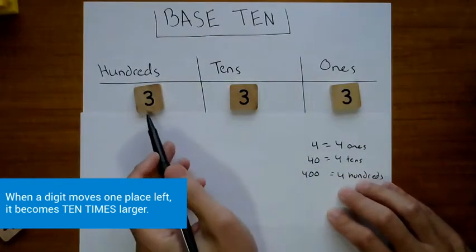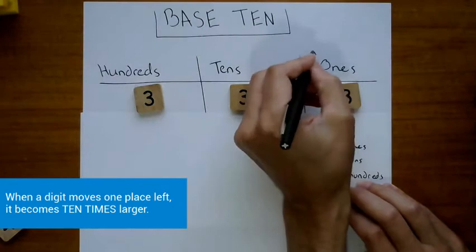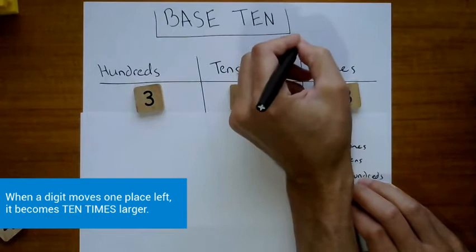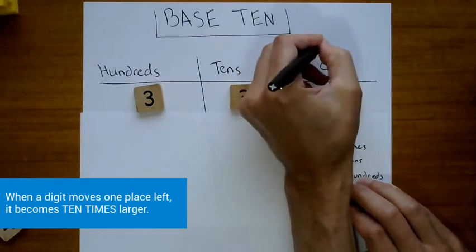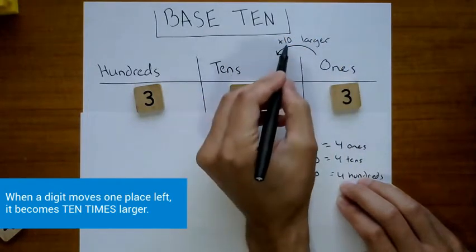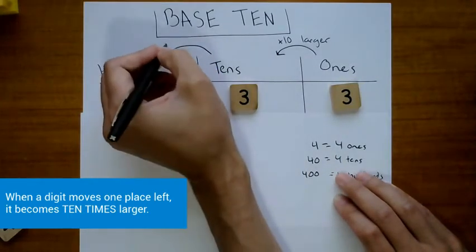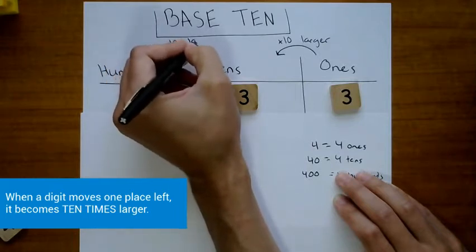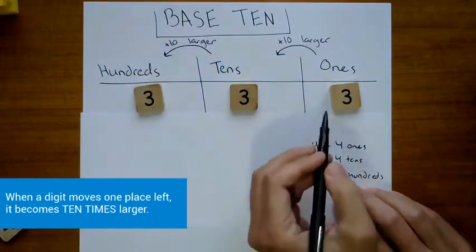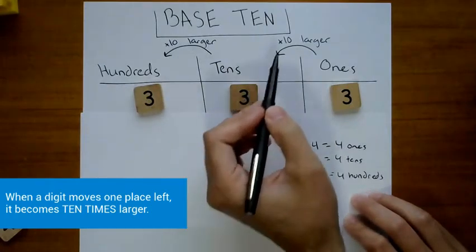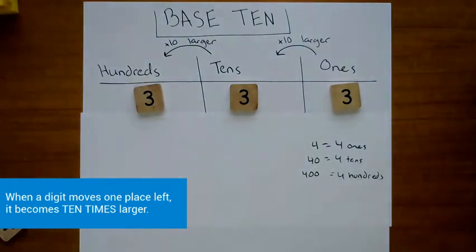So let's look at the number 333. Each time you go to the next place value to the left, the value of that place is 10 times larger than the place to the right. 10 times larger. So 3 hundreds is 10 times larger than 3 tens, and 3 tens is 10 times larger than 3 ones. Now you might be asking, does that work backward, Mr. Brandt?